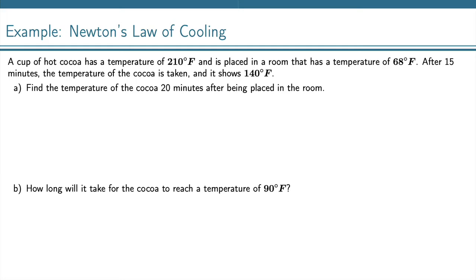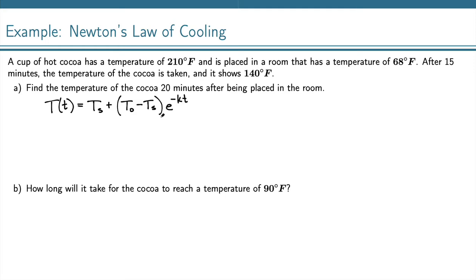So what we need to do here is work with Newton's law of cooling. We've got our temperature at time t is equal to the temperature of the surroundings plus our initial temperature minus the temperature of the surroundings, times e to the negative kt.